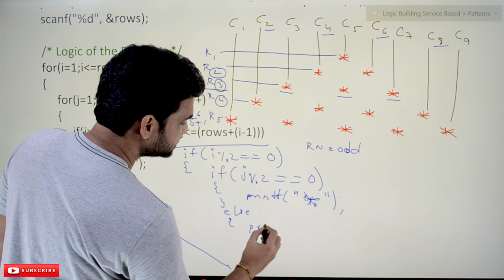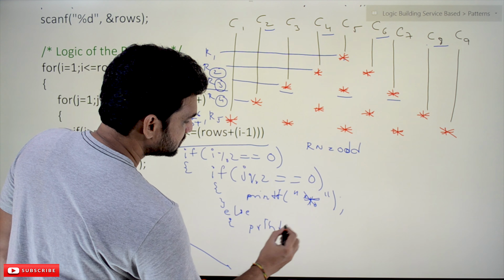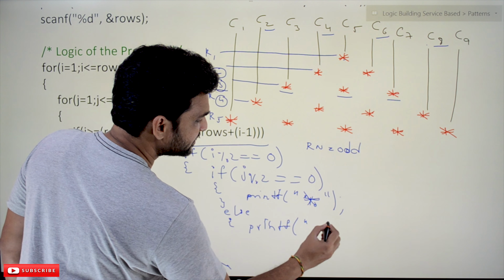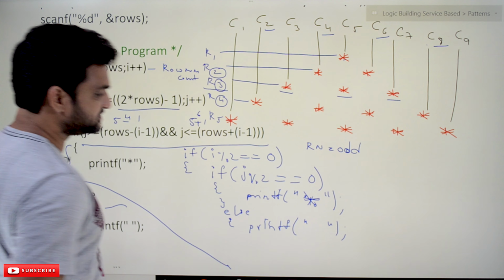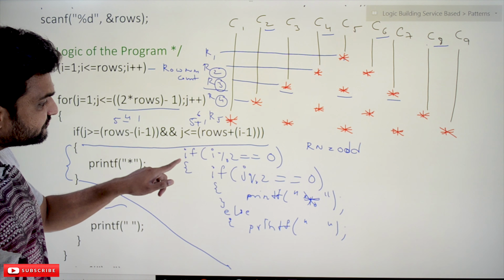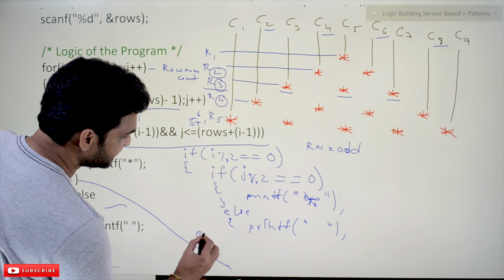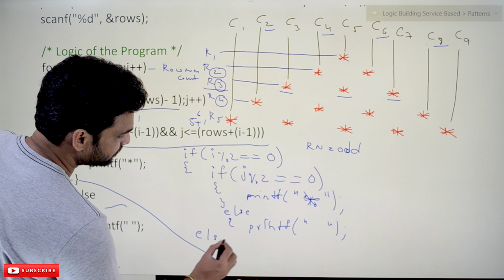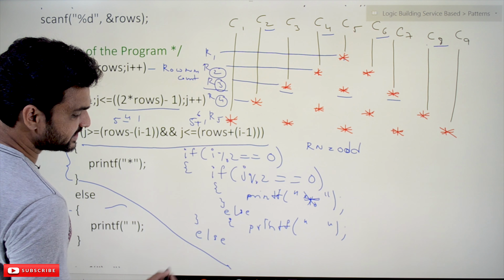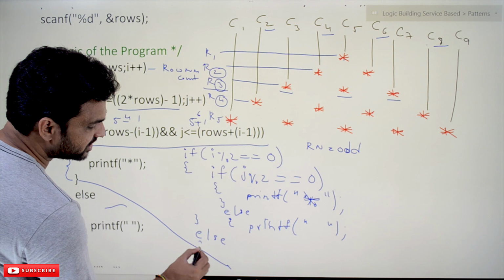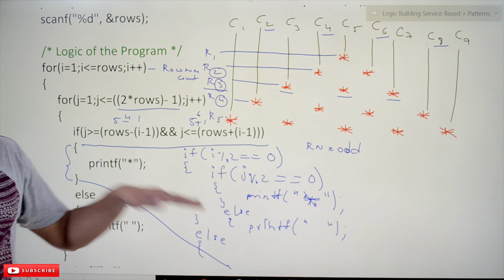So it is printf of an empty space, and if this if condition is false, we have to come into this else statement. This if ends here. If we are in this else statement, what does that mean?